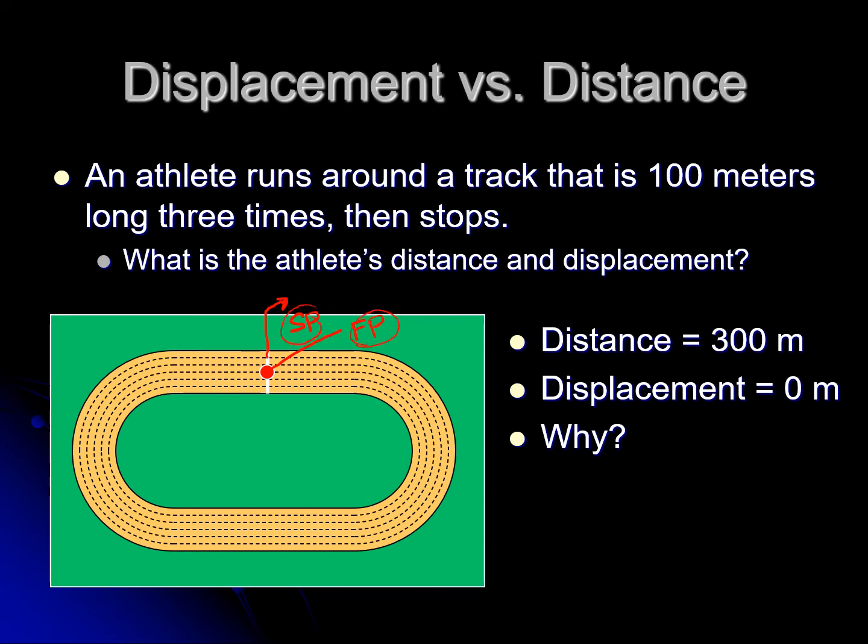So final position minus starting position will be 0 minus 0. That's why we get 0 meters. To put it simply, in displacement here, we just go back to our starting position. That's why the displacement is 0 meters.